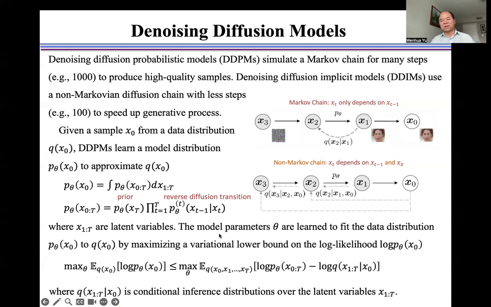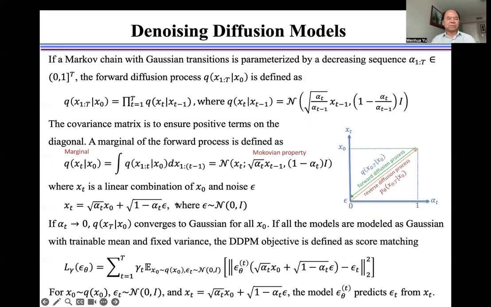The model parameters theta is learned to fit the distribution p theta to q(x0) by maximizing a variational lower bound on the log likelihood, as shown here, where Q is a conditional inference distribution over the latent variables x1 to xT.